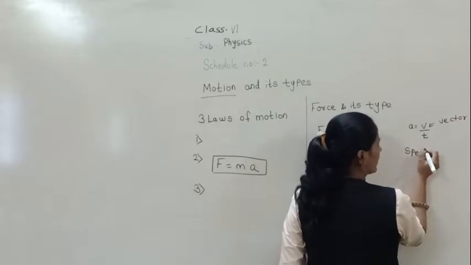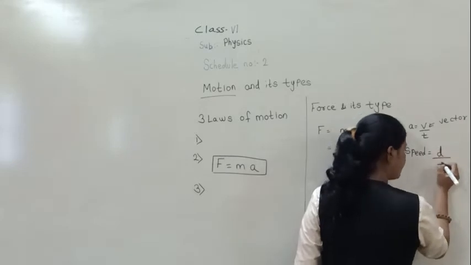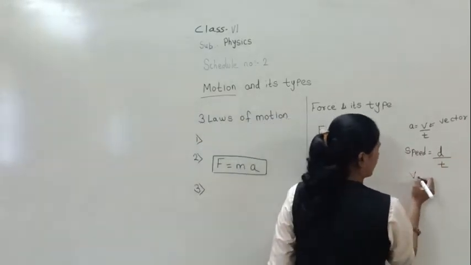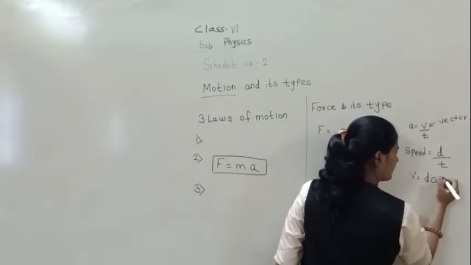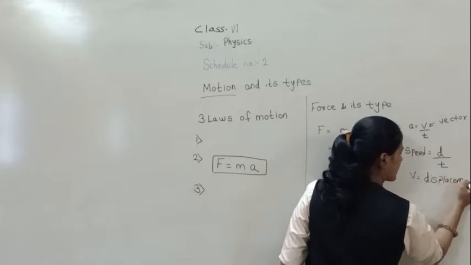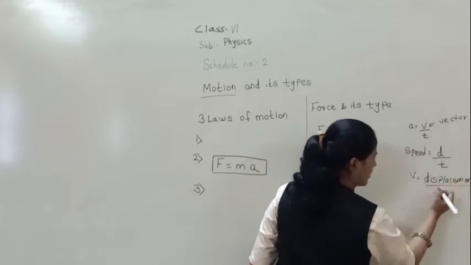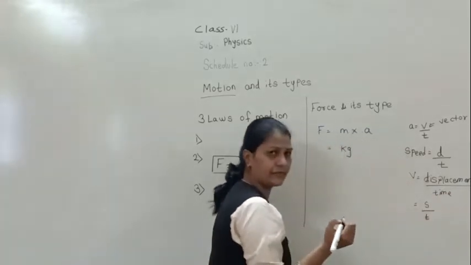Speed is nothing but distance upon time. Similarly, velocity is nothing but displacement upon time, where displacement is denoted by s, upon t.